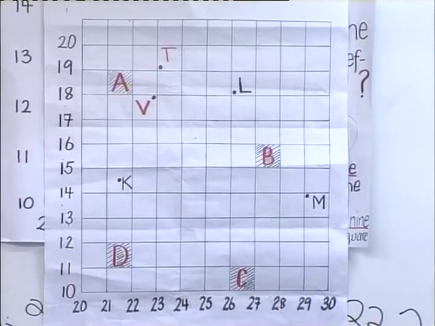What's the Eastings? 27, right? Sandra, 27. Can you see B? It's 27 and 15. Very good. 27, 15. So, Eastings comes first.